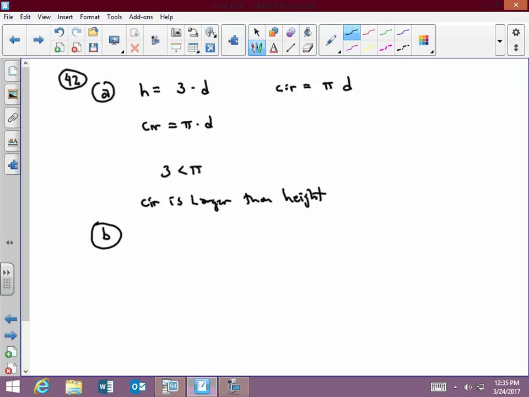If the radius of the tennis ball is 3.5 centimeters, what percentage of the can is occupied by air? Okay. I'm just going to draw this thing. I should have drawn the top. I'm going to undo that. Top first.